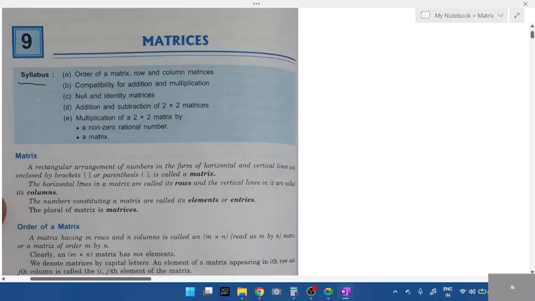Syllabus given there? Yeah, what is given? Read out here. What is given there? Okay, syllabus is not given, right? Fine. Fine. Yeah, just close the textbook.